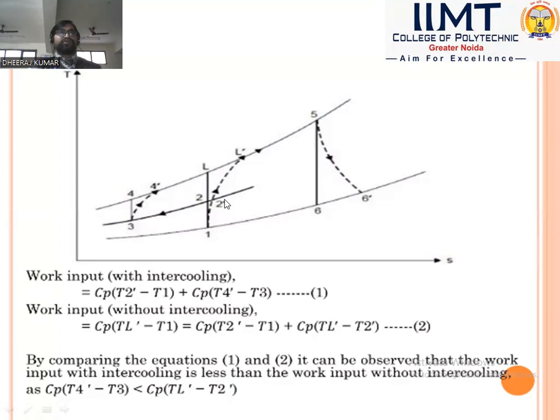Cp (T4 dash minus T3) is less than Cp (TL dash minus T3). This is the reason the compressor work is less when intercooling is provided. So when the compressor work is less, the efficiency of the gas turbine increases.